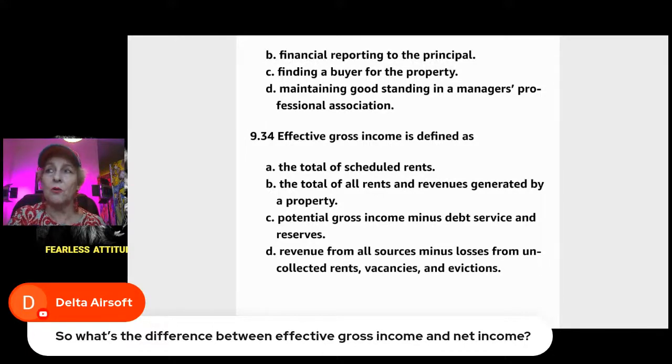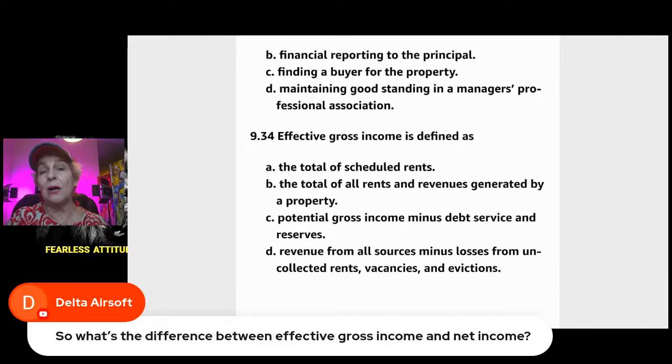So it says effective gross income is your potential rental income at 100% occupancy. So someone is selling an apartment complex and they say, hey man, I make $50,000 a month when they're all rented. Well, are they all rented right now? Well, no, I only have 50%. Well, that's predicted potential.